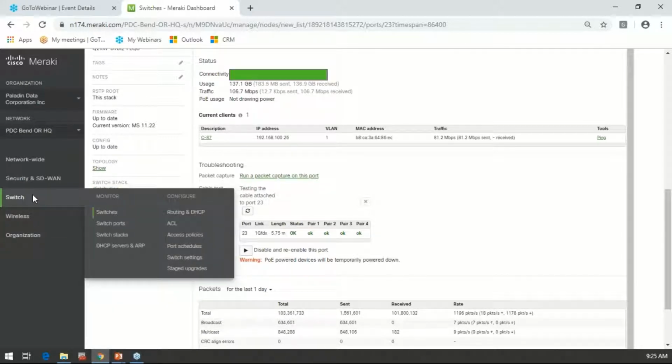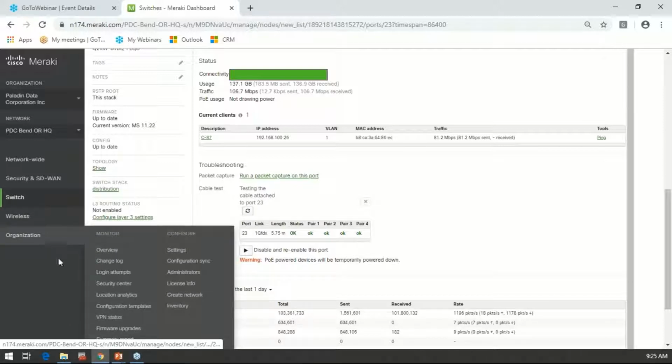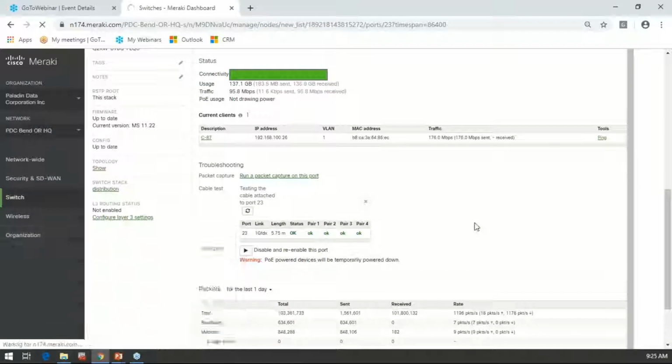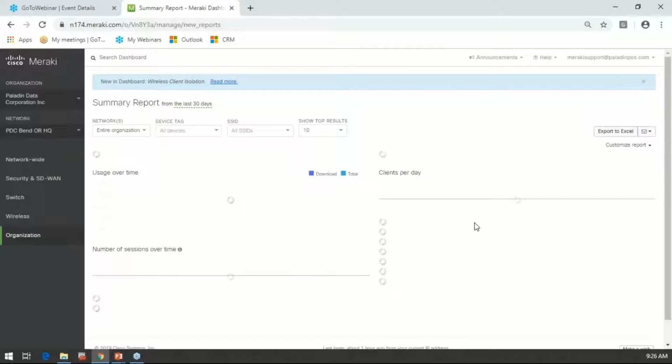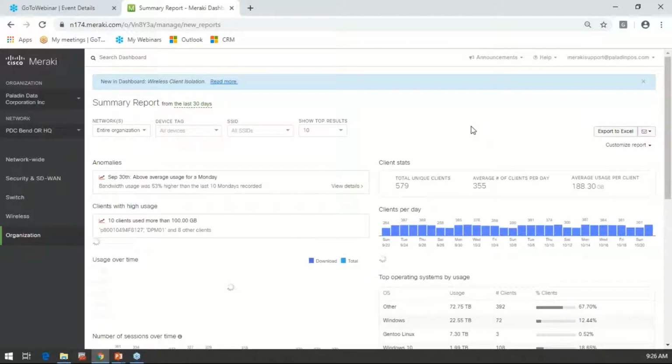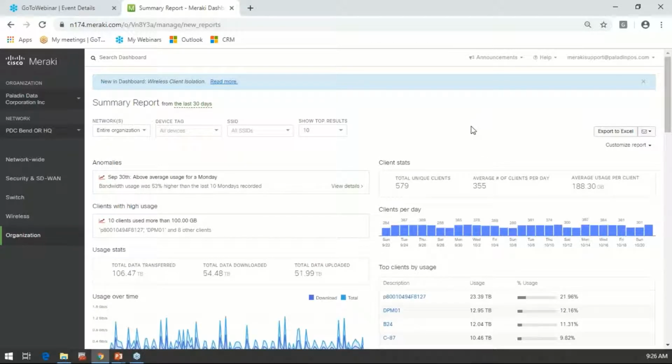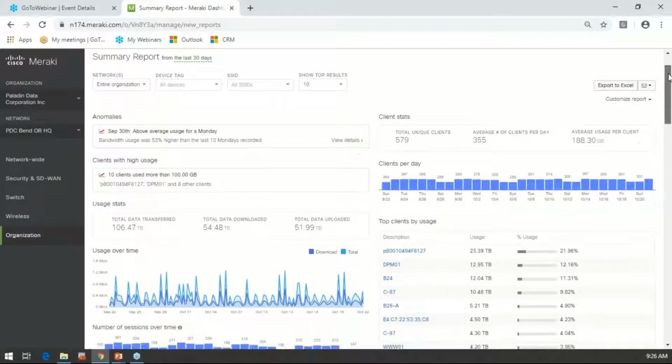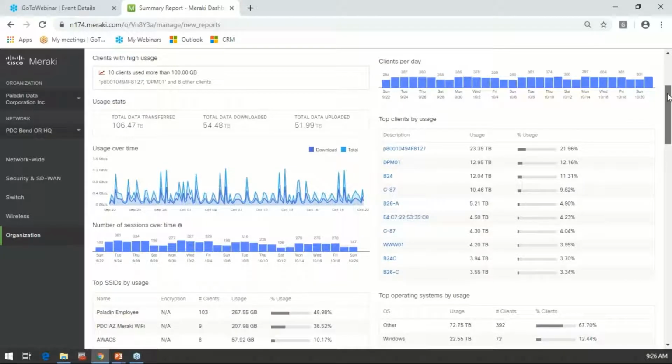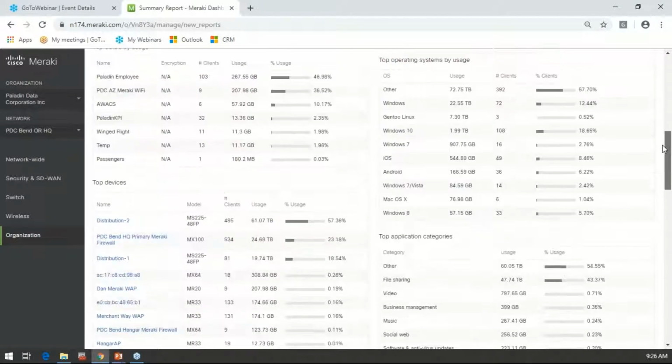We also are running wireless, Meraki wireless. We don't really have time to get into that, but I do want to show you one more thing before we leave this dashboard. At the end of the month, we get a monthly report on every customer. We do a quick review of that monthly report, and we analyze what's going on with the network and make any recommendations on ways to improve or change the network.